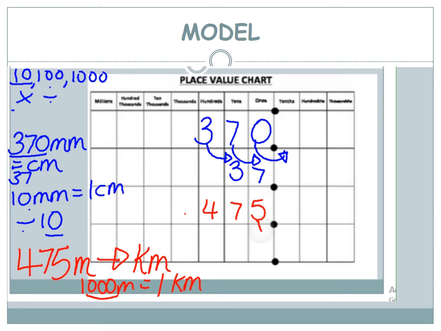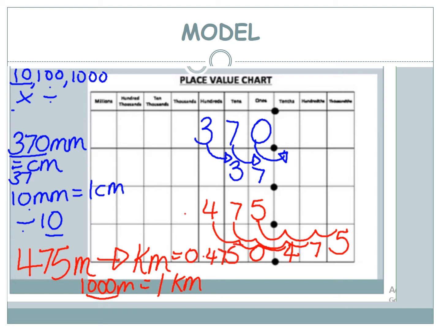So 1, 2, 3. And then because you've got numbers after the decimal point and nothing before the decimal point, we need to put a 0 as a placeholder. So that means that 475 metres converted to kilometres equals 0.475.